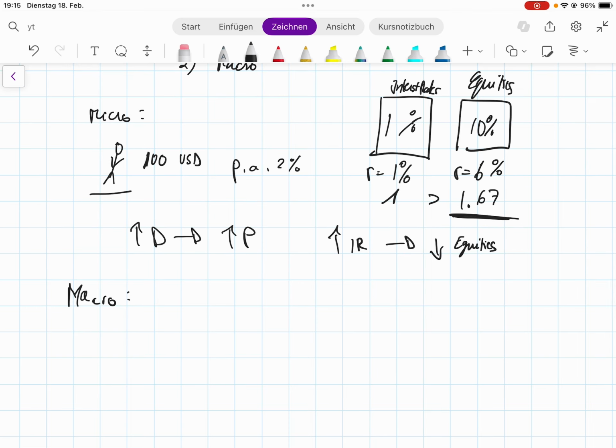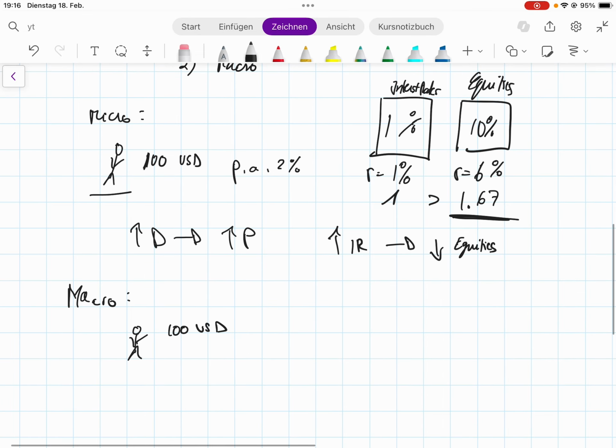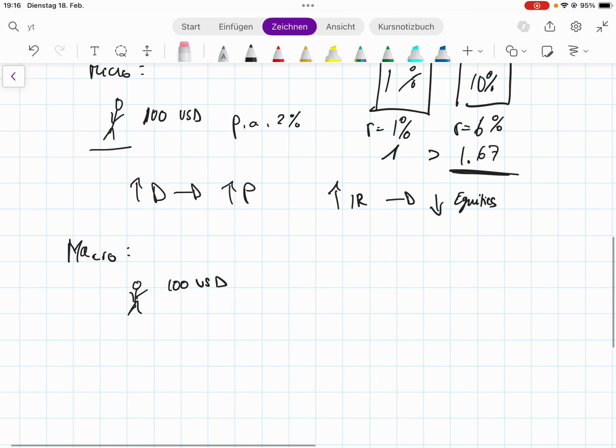The second one is the macro view, which basically is about, we have Mr. Tom again, we have again 100 USDs, and we have an interest rate of 5%.